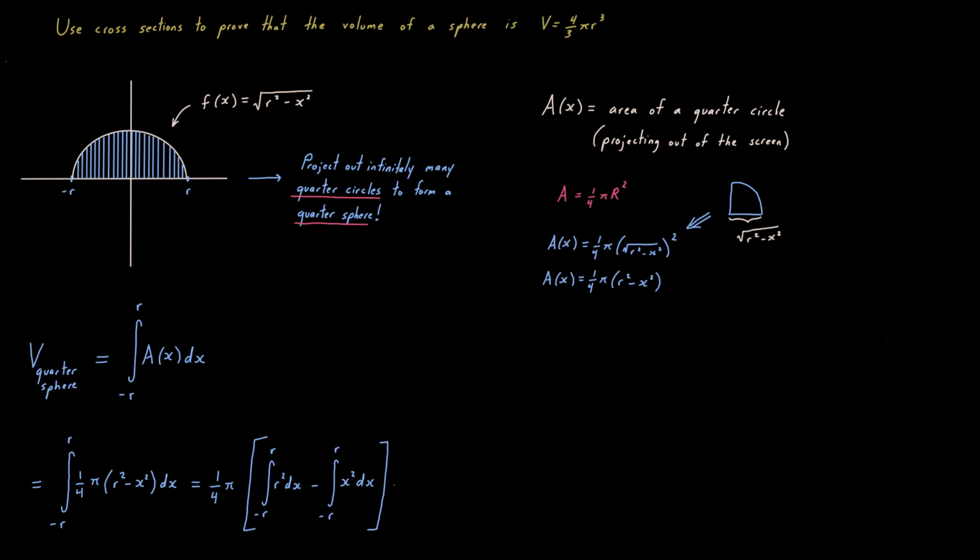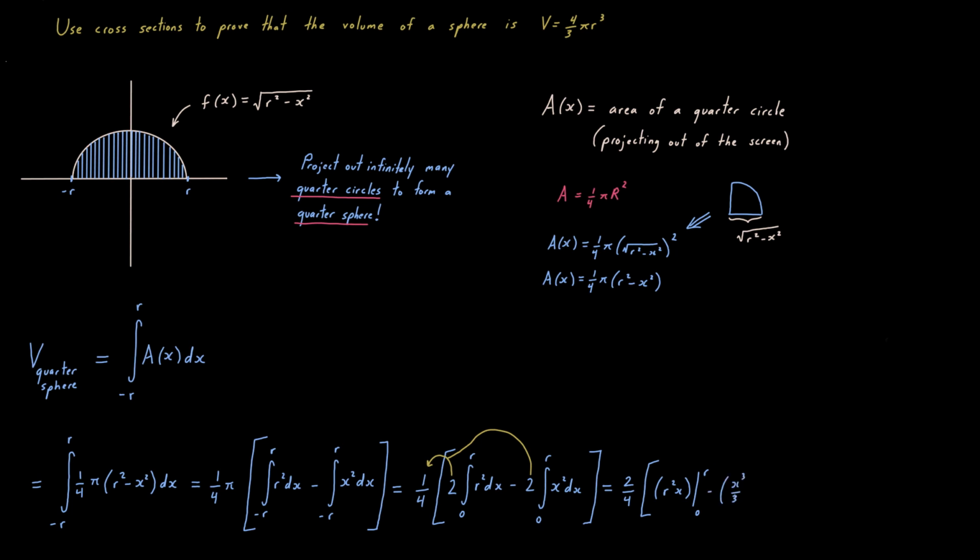Now we can integrate, and by the way, r squared and x squared are even functions. So negative r to r, I can rewrite as 2 times the integral from 0 to r of r squared. Same deal with x squared. Yank those 2's on out, and we get this, 1/2. And I just realized I'm missing a pi, so let's go ahead and put a pi back in those steps.